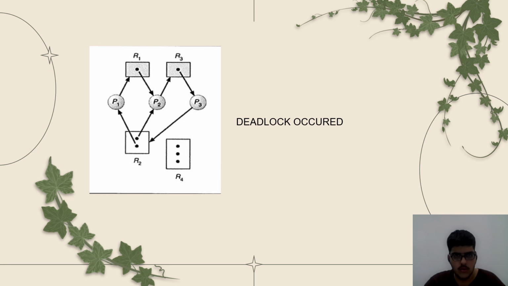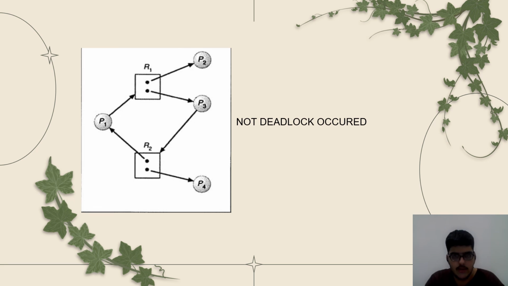This P2 requires R3 and is held by R2. R3 is assigned to P3, and P3 requires R2. It is because at the same time the processes wait on each other. That is why there is deadlock.